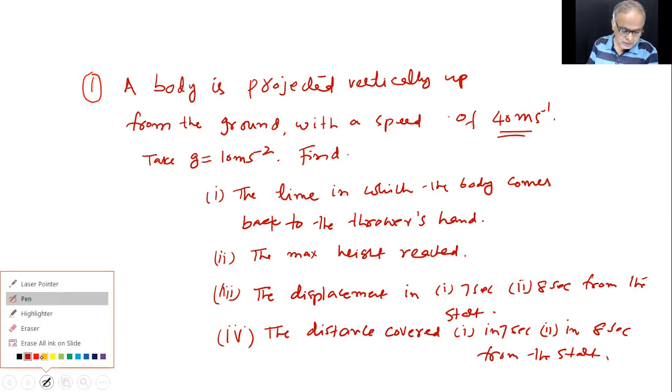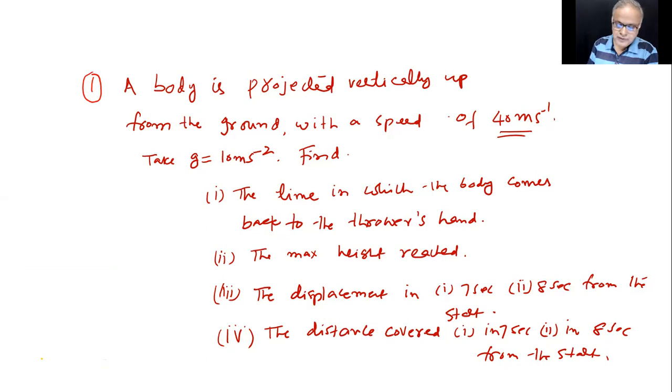Tell me, how do you do this? The time in which the body comes back to the thrower's hand. That's the time to go up and come down, isn't it? Or you could have given a name called time of flight. So how much is that? 2u by g. You remember, just refer back to the old notes.